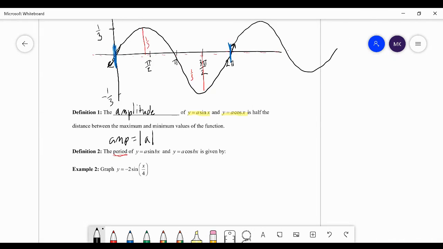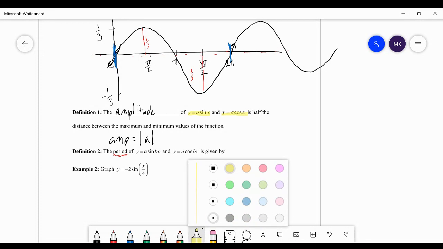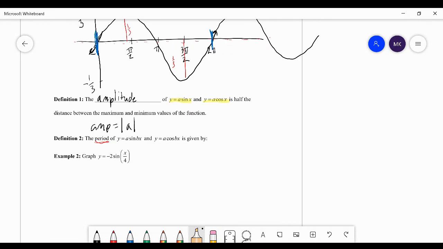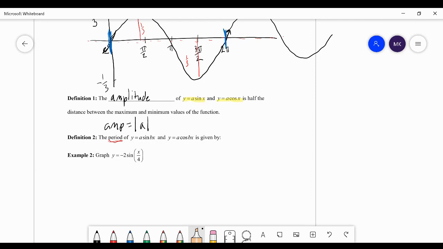The way we can calculate the period for sine and cosine, if our equations are in those forms, is by saying that the period, which we'll use a capital P or lowercase p, it really doesn't matter, I know they look very similar, especially on a board, is 2 pi over b.